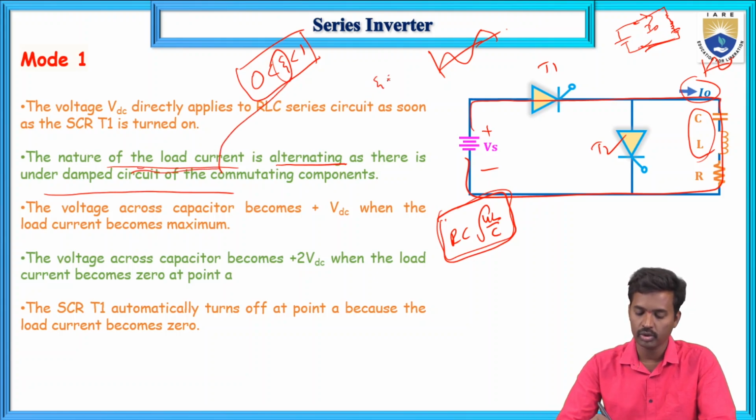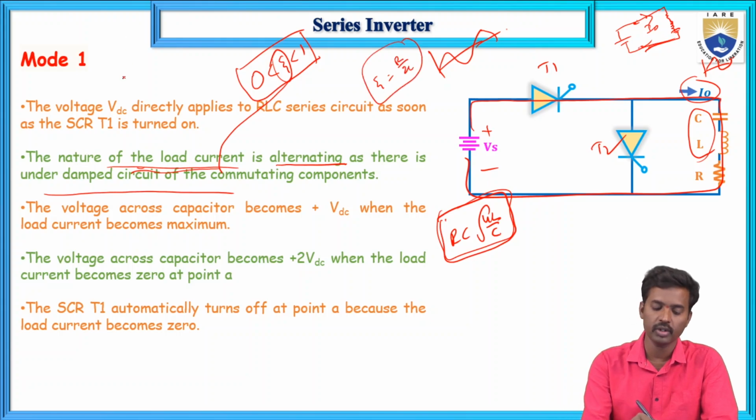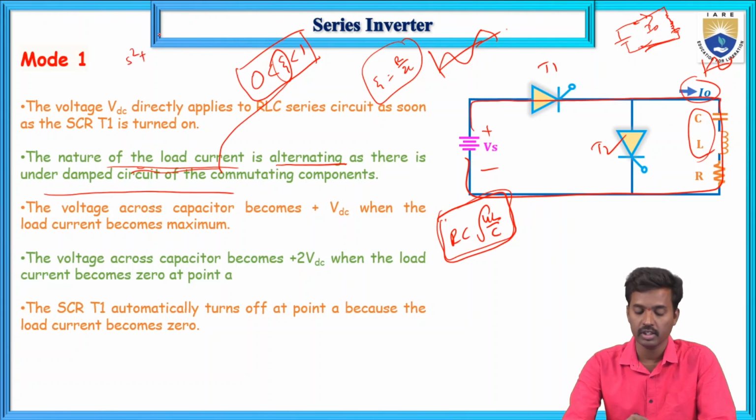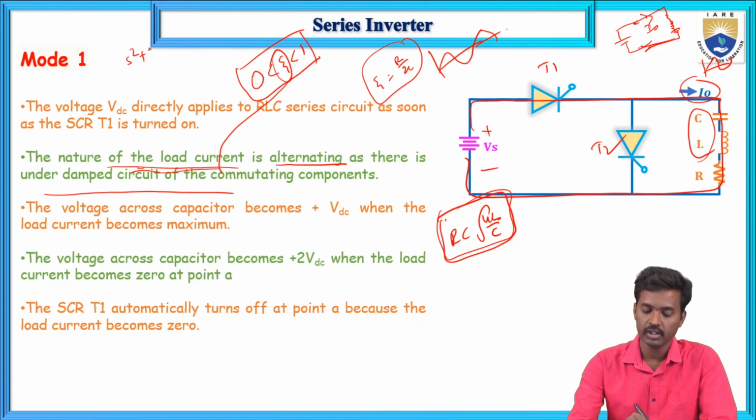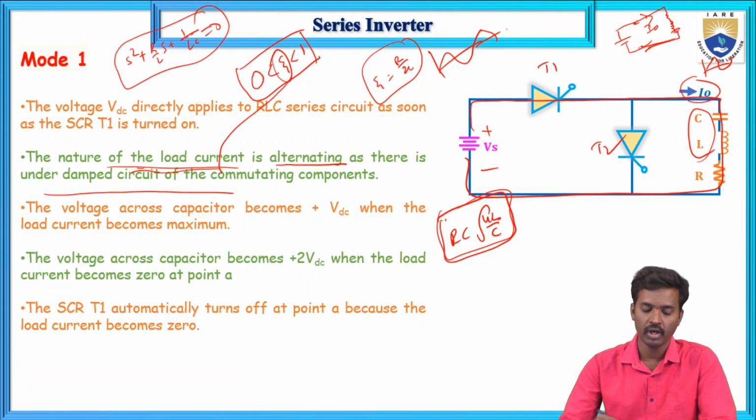Here zeta equals R by 2L. If you apply Laplace transform, already seen in class A commutation, we get S square plus R by L into S plus 1 by LC. That is the characteristic equation for this RLC circuit for I naught.